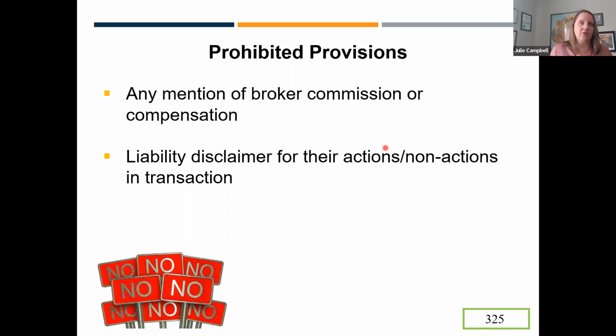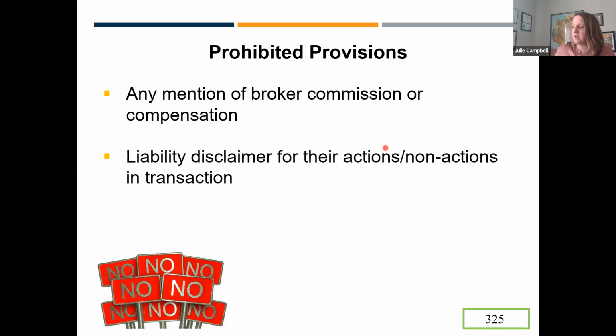That form is there to prevent us from putting any kind of liability disclaimer into the offer to purchase and contract. If your buyer said no to the survey, you might be tempted to put a provision in there to protect yourself, like buyer waive survey. That kind of thing doesn't belong in the contract. That's why we have that separate professional services disclosure form.